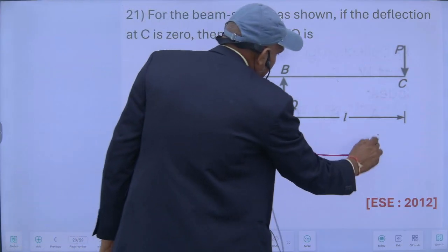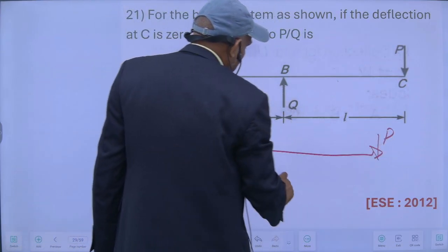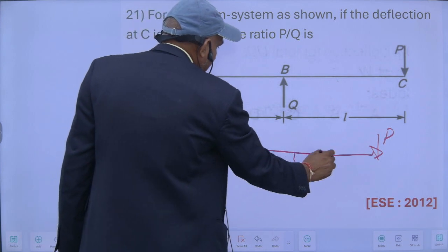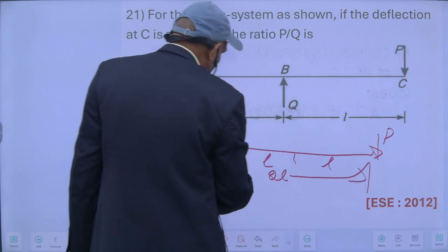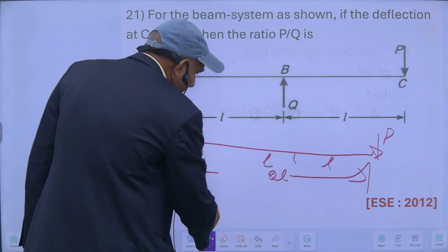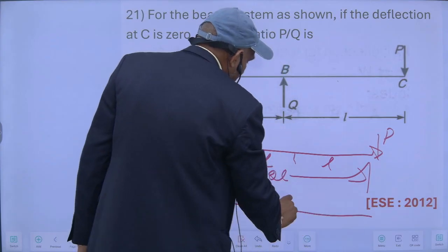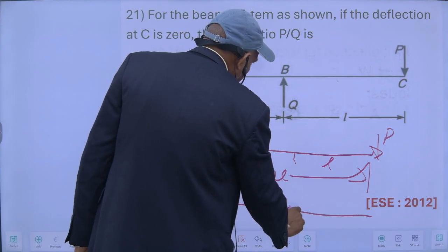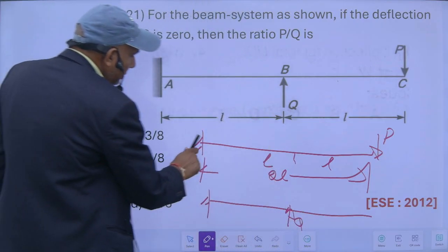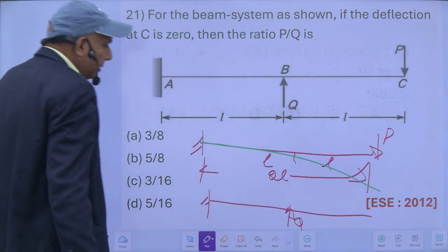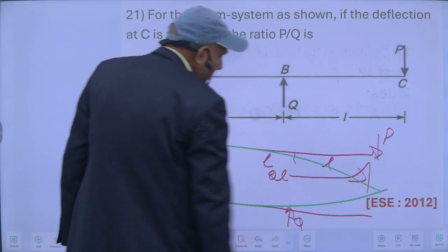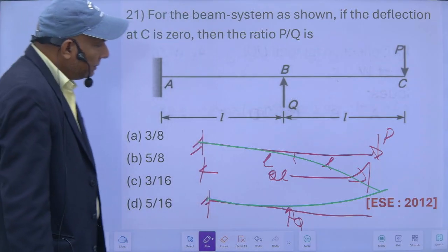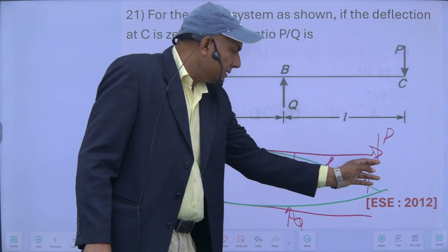This is P, and this is L and this is L, so it is 2L total. This is Q. So it will deflect like this because of P, and because of this Q, it will deflect like this, so that my net deflection at this point is 0.